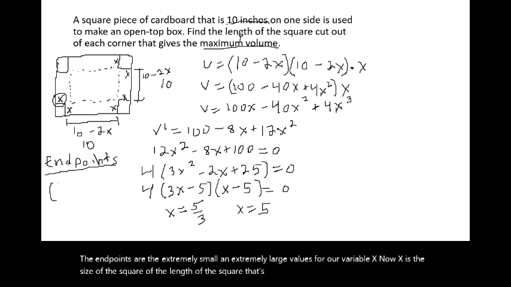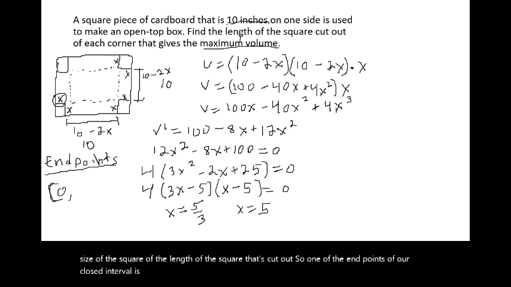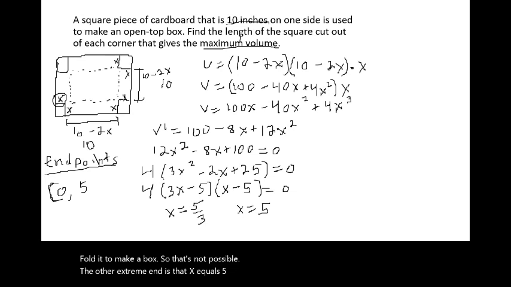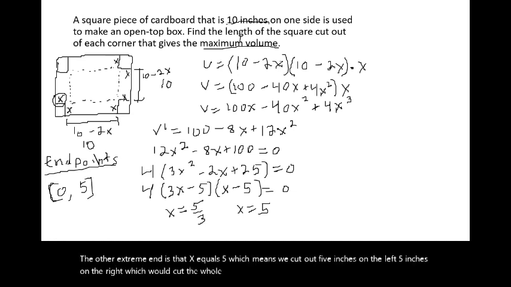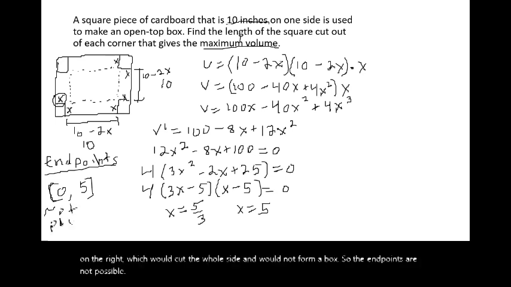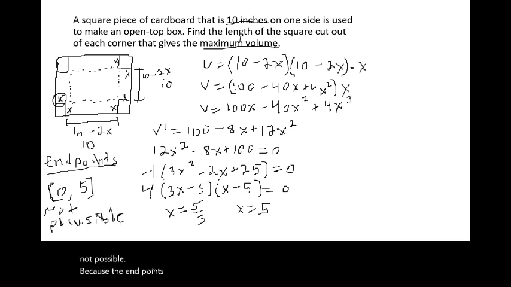So one of the endpoints of our closed interval is 0, meaning we don't cut a square out, which means we can't fold it to make a box, so that's not plausible. The other extreme end is that x equals 5, which means we cut out 5 inches on the left, 5 inches on the right, which would cut the whole side off and would not form a box. So the endpoints are not plausible. Because the endpoints are not plausible, we don't need to check them.